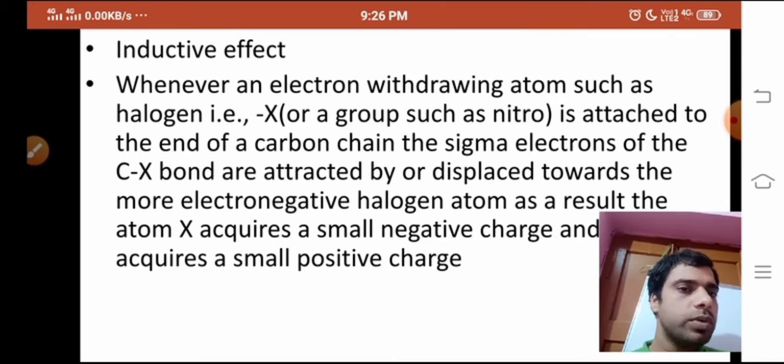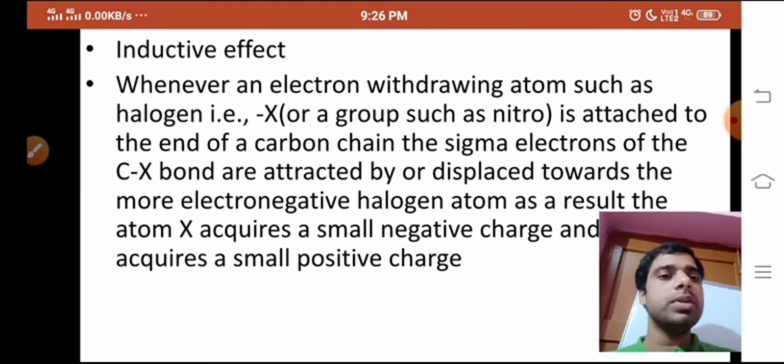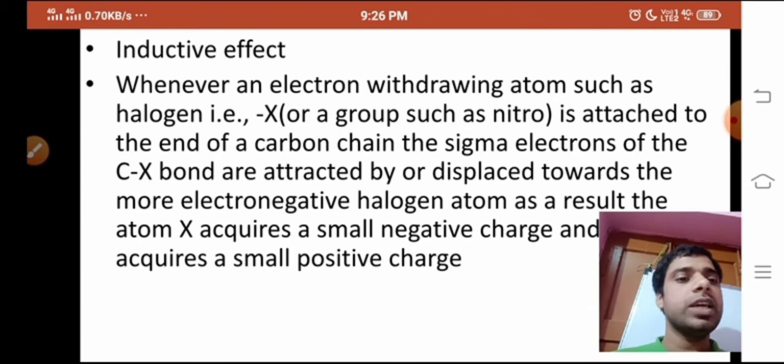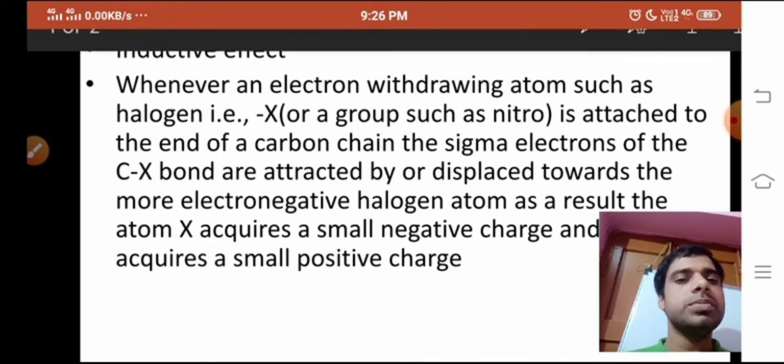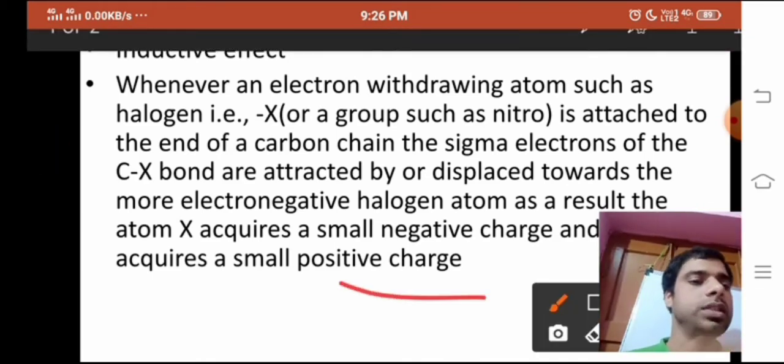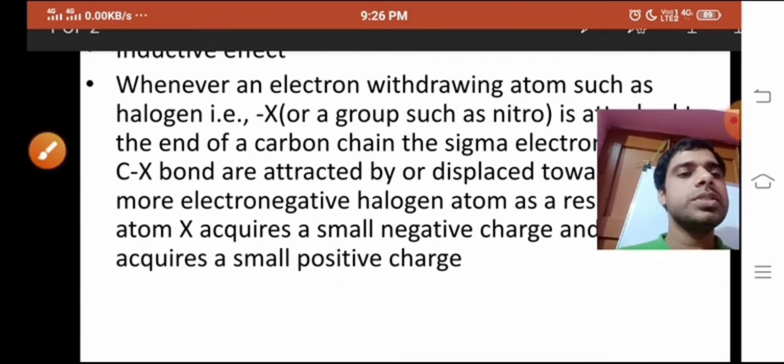Here the explanation is given that whenever an electron withdrawing atom such as a halogen, or a group such as a nitro group, is attached to the end of the carbon chain, the sigma electrons will be attracted towards the more electronegative atom, creating a small positive charge on the nearby element. So this is the thing.